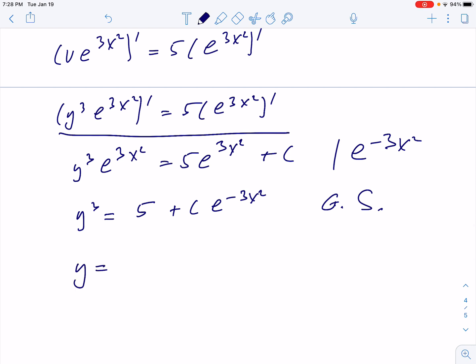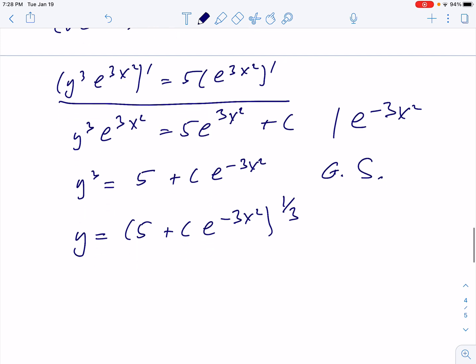Solve for y this way: 5 plus c exponential negative 3x squared, to the 1/3 power. If c is 0, we have a very special solution. Y cubed equals 5, y equals the third root of 5. Very special solution for our equation.